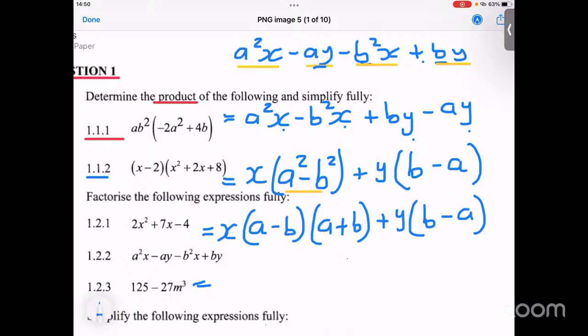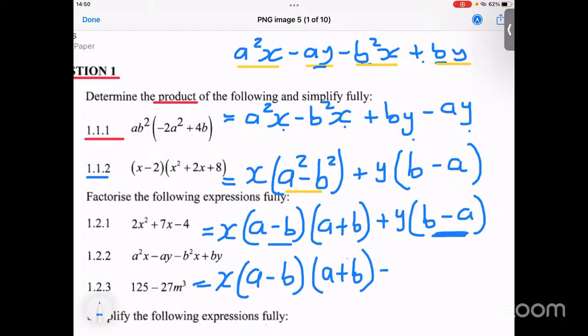Okay, it looks like there is something there. You see, that part, you can manipulate it to make it the same as that. Let's say you are having x into a minus b, but this one will just remain as that. So if you want to somehow manipulate this such that it is a minus b, then what if you take the minus sign to the outside, then it will be that.